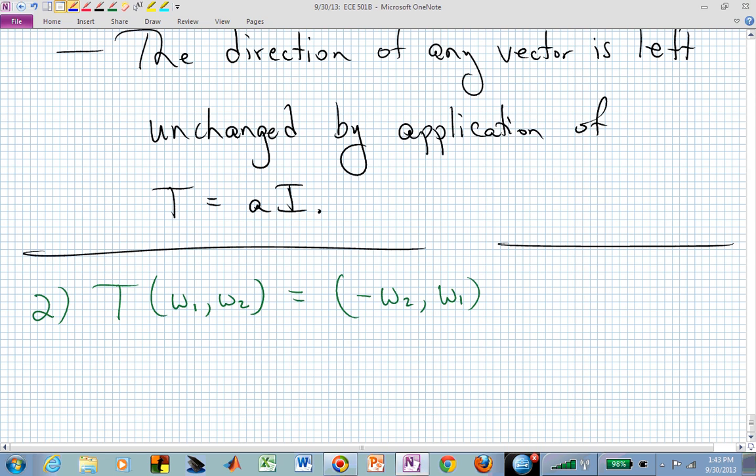And if you sort of look at this, this is another example of a rotation in two-dimensional space.